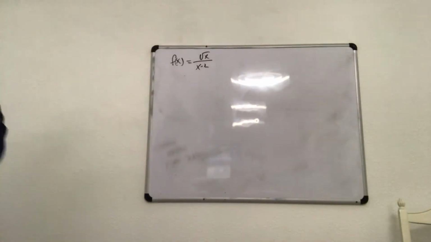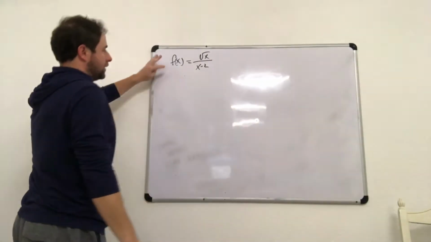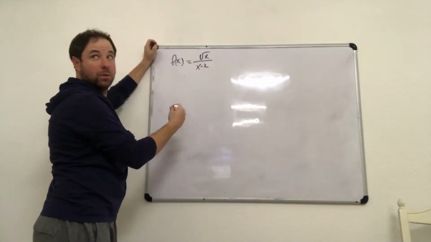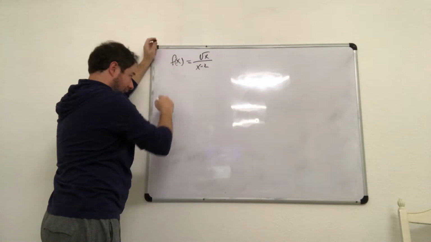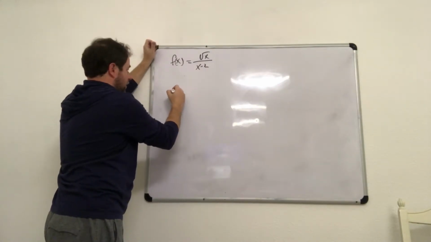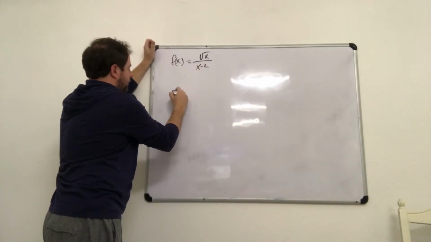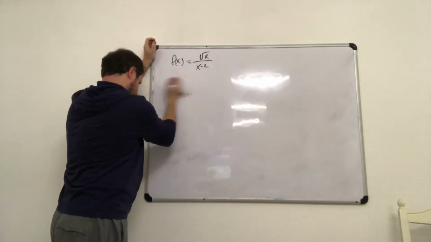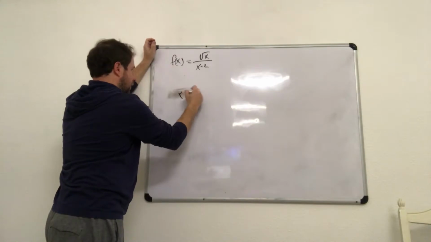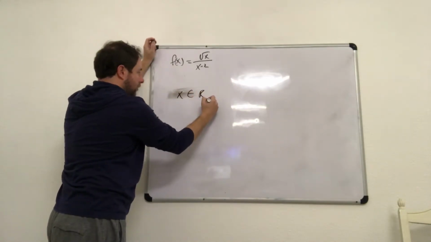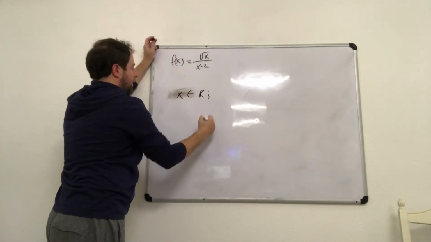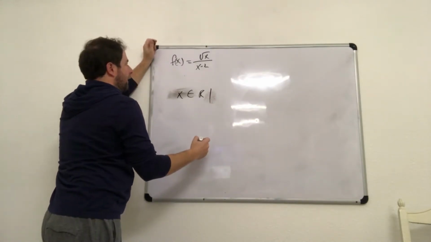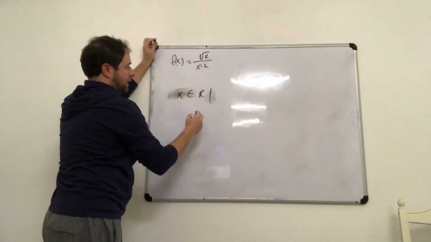Actually, before we moved on, I want to look at this. This is another type. This is probably the one you're going to be getting more often. This is where they combine the two, where they combine the radical and the denominator. So what you're going to say is x is a member of reals, and it's got to be both stipulations.